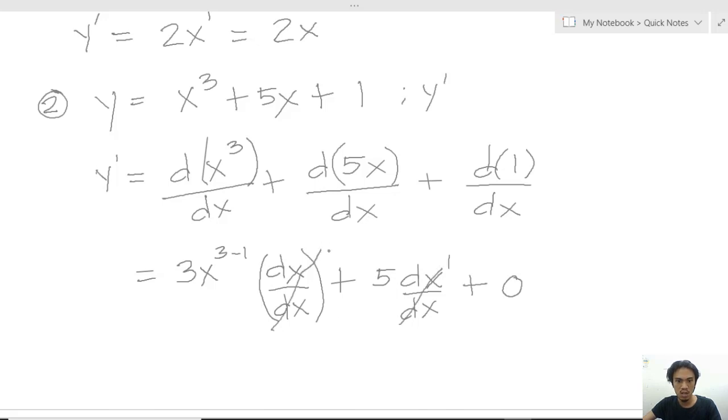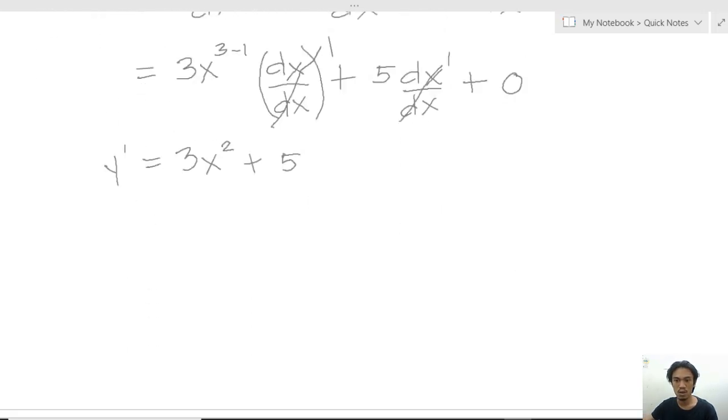Same with this part. So what is left is y prime is equal to 3x raised to 2 plus 5 times 1, which is 5. Your first derivative of y with respect to x.